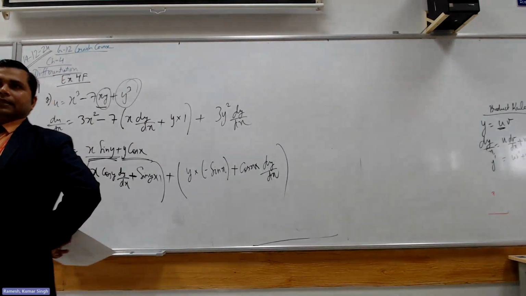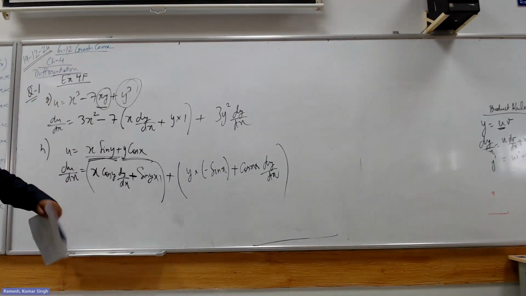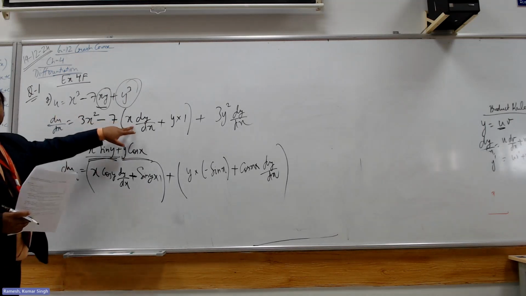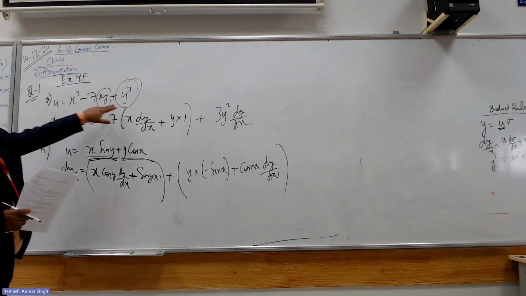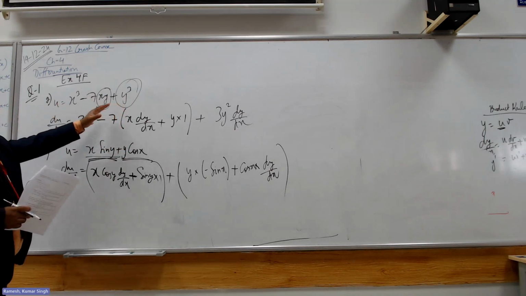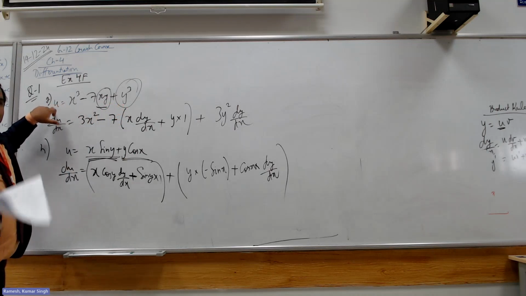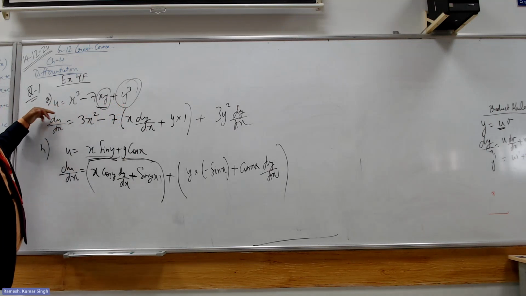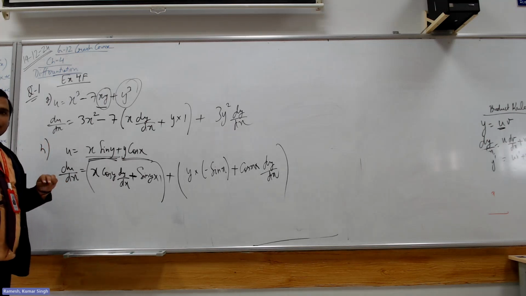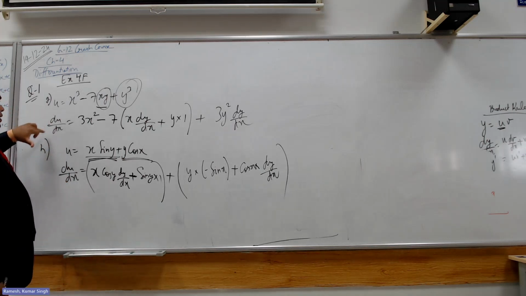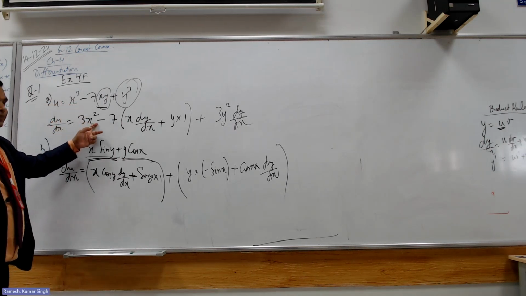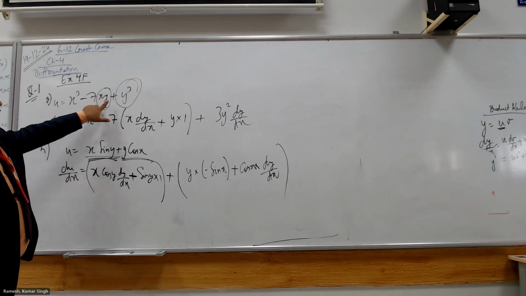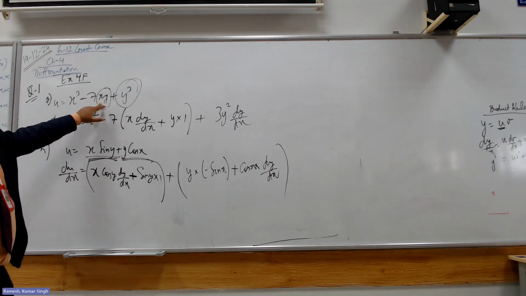I don't understand why there is a dy over dx in both of them. We are differentiating this whole function, which we are assuming is u, in terms of x. So du over dx is going to be 3x squared minus 7. Here is a product of two functions, x and y.